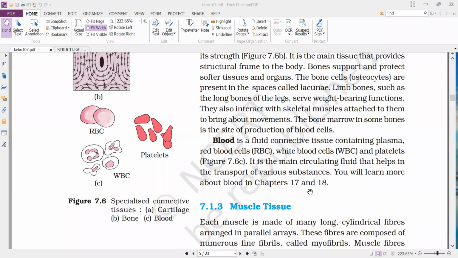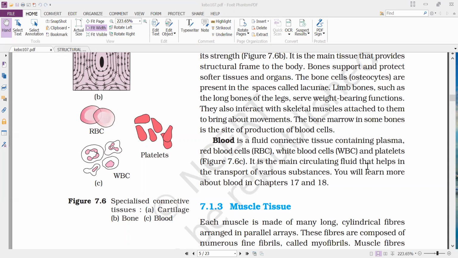Blood is the main circulating fluid. There is another fluid connective tissue also present, that is lymph. These two fluid connective tissues circulate in our body and help in the transport of various substances.